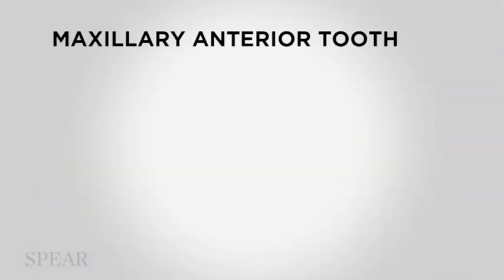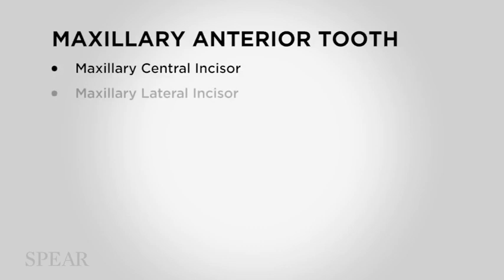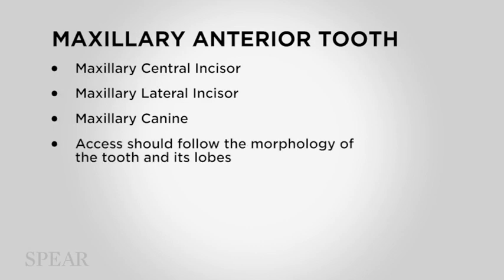All right, so with the maxillary anterior teeth, we're talking about the central and lateral incisors and the canine. The key to remember in access preparation, which is the common theme in all access preparation, is that the outline follows the developmental lobes or the cusps of the teeth as they were originally formed embryonically.